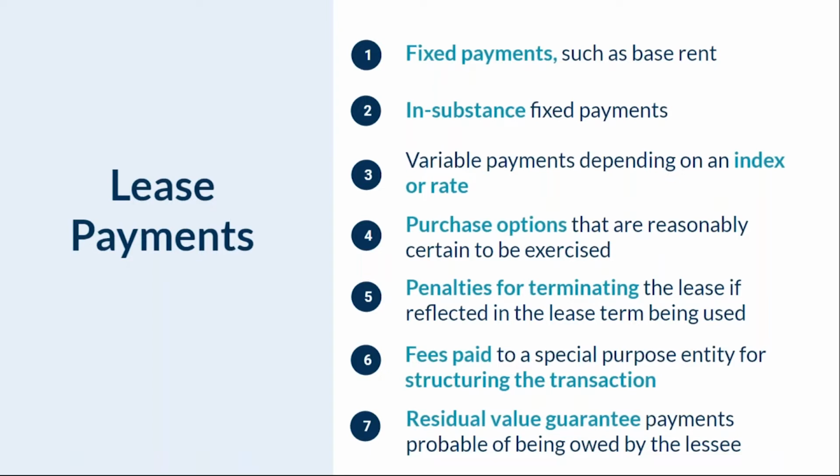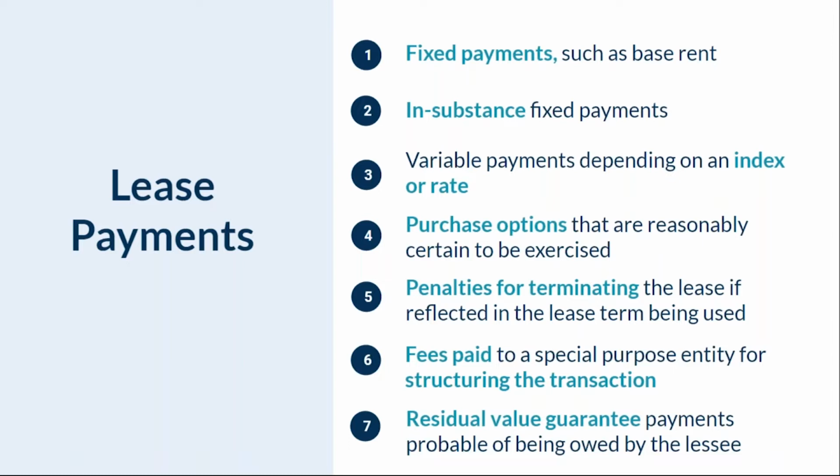The consideration that can be paid in exchange for the use of an asset can take many different forms and vary in amount, timing, or triggering events. ASC 842 lists the types of lease payments to include in the lease liability calculation.